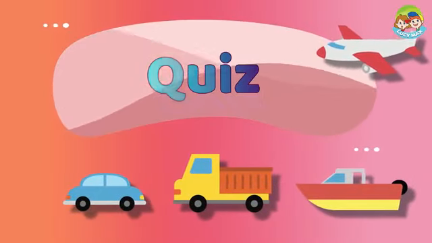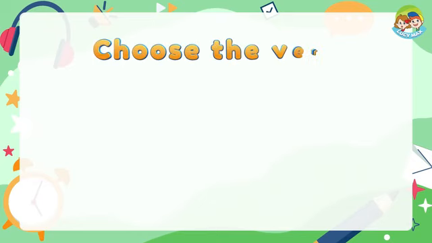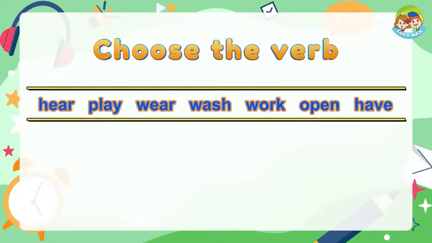Quiz. Choose the verb and correct the form if the subjects are he, she, and it. In the box, our verbs are hear, play, wear, wash, work, open, have.